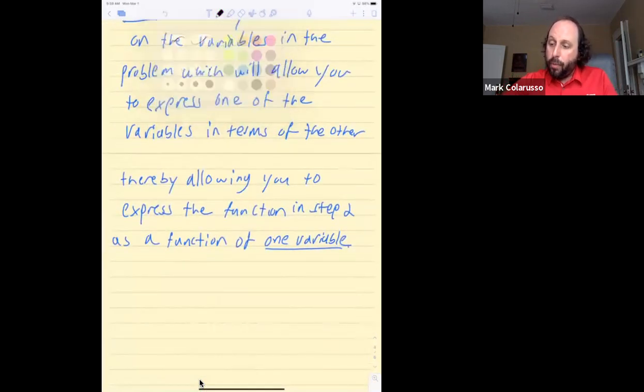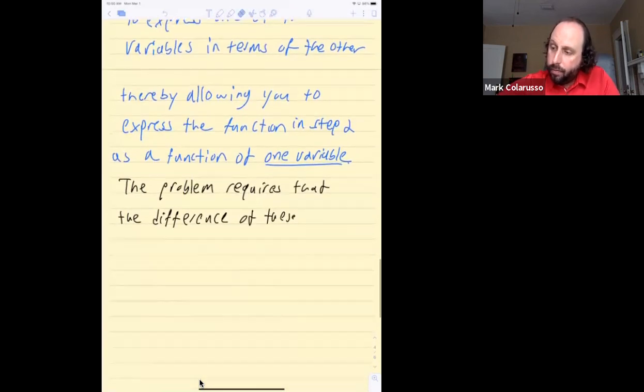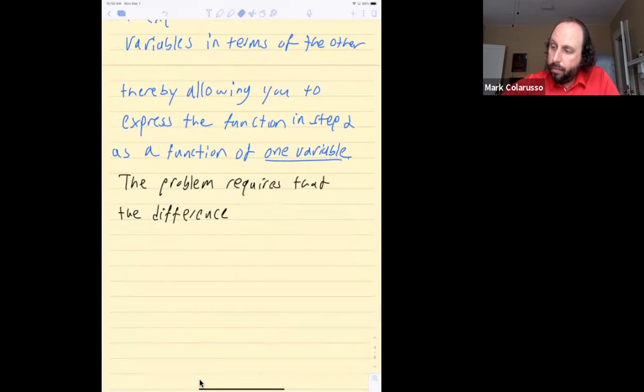So the problem requires that the difference of these two numbers is 100.